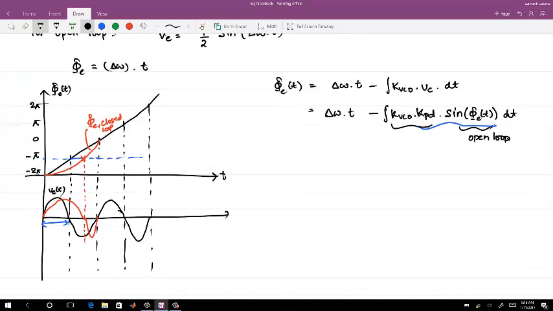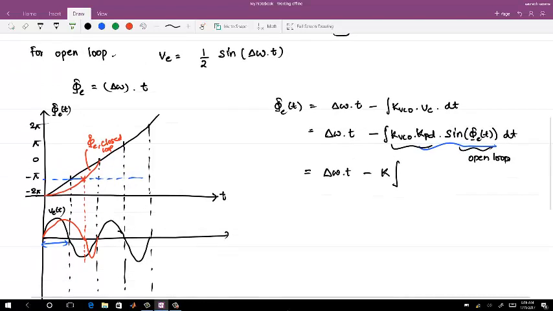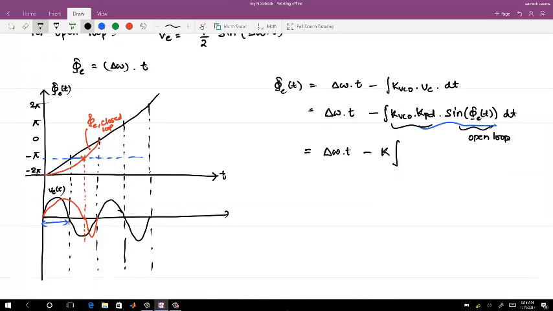Sine, okay. So you have delta omega t minus K, and this is VE of t. VE of t is sinusoidal with this frequency.